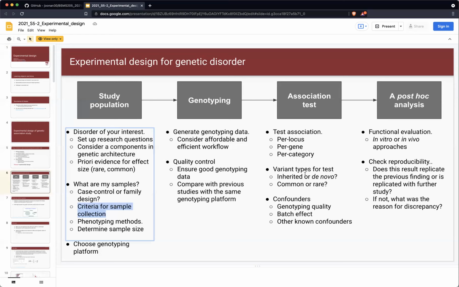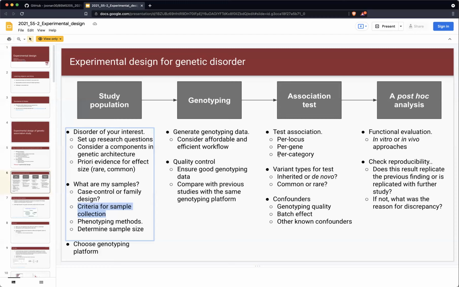Not many people have the variant at a certain locus because of the rarity. So in that case, you can consider using the per gene test or per category test, because you can sum up the numbers from the samples of the rare variants, right?